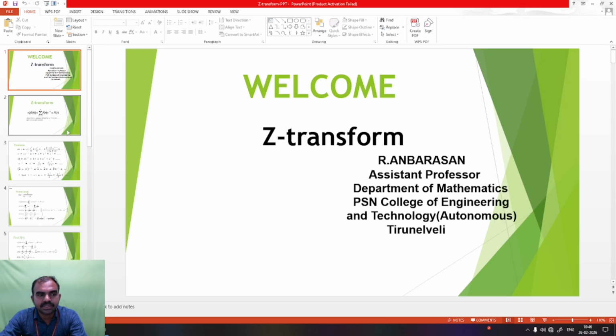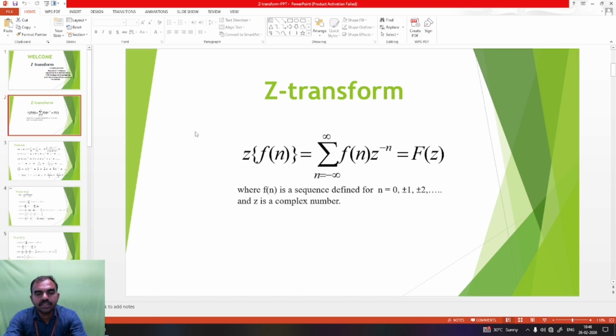So yes, we'll see the Z-Transform. So the definition of Z-Transform: Z of f of n is equal to sigma n equal to minus infinity to infinity f of n z power minus n. That is also called F of z, where f of n is a sequence defined for n equal to 0, plus or minus 1, plus or minus 2, and so on.